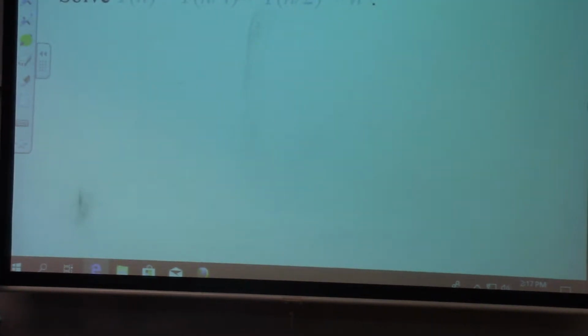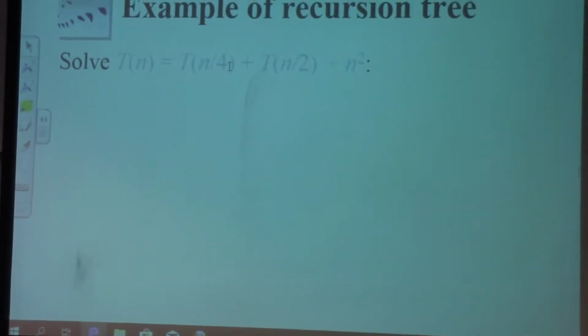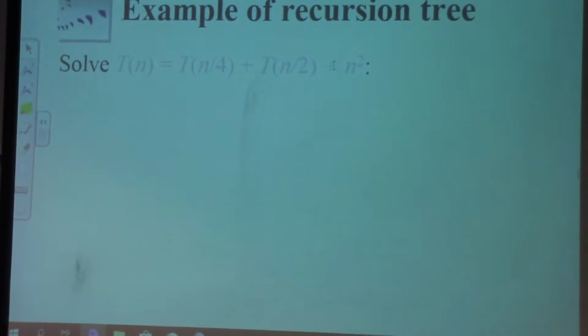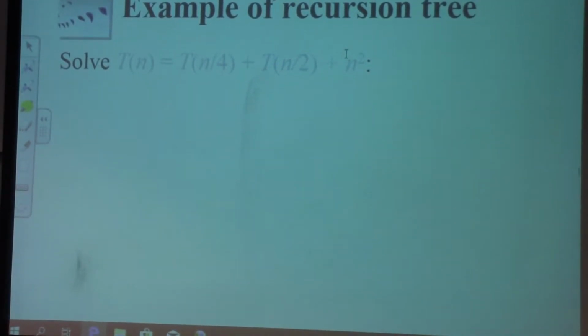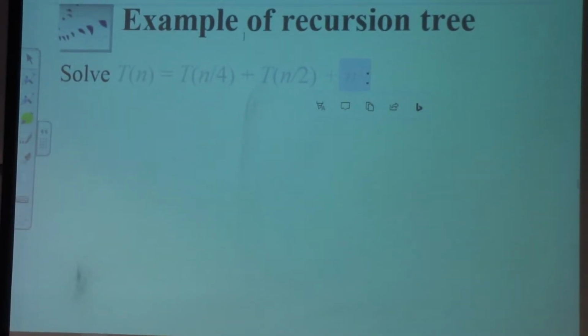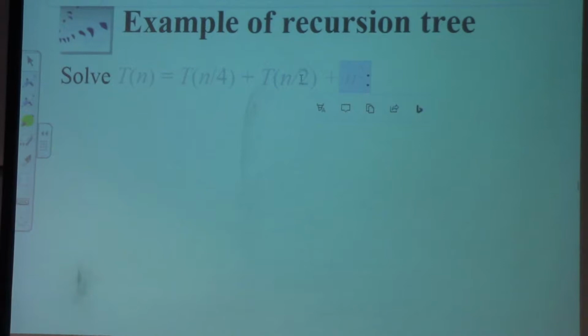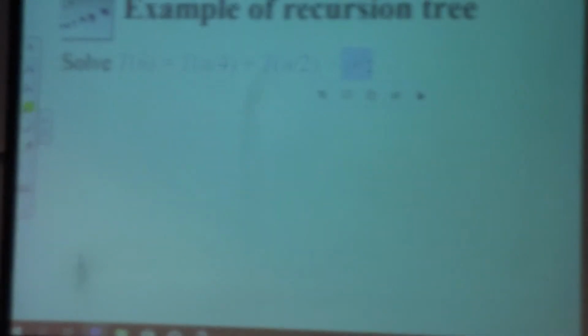So this is T(n) equal to T(n/4) plus T(n/2) plus n square. The n square is the constant work that is divided into two occurrences, or instances, T(n/4) plus T(n/2).